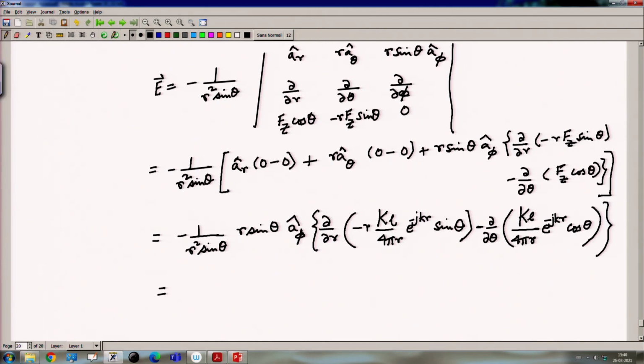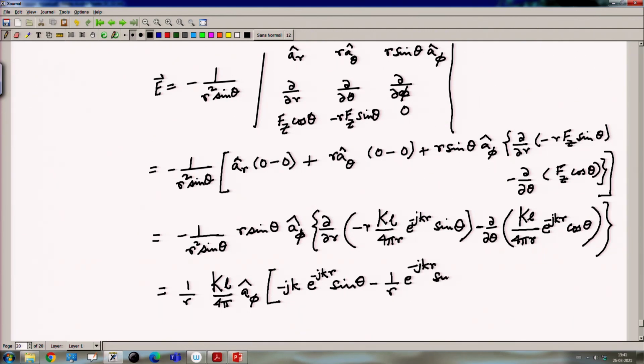So, that becomes equal to 1 by r, K L by 4 pi, a phi, minus j k e to the power minus j k r sin theta, minus 1 by r e to the power minus j k r sin theta.